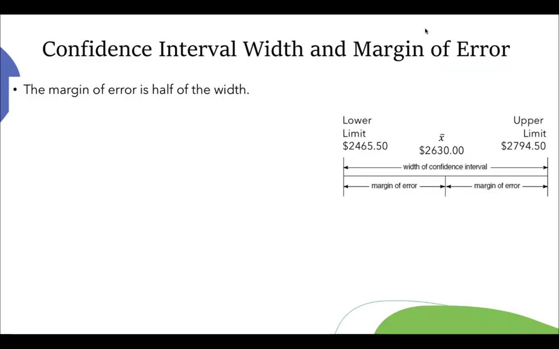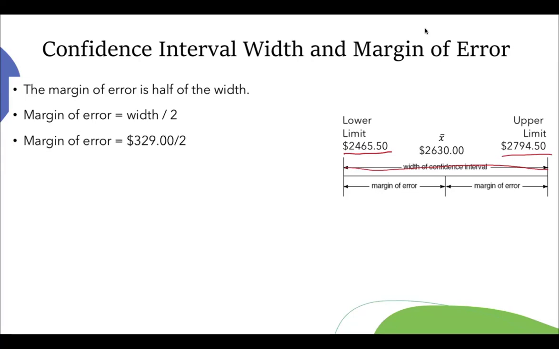So if we take the width of the confidence interval that we just did by subtracting the upper limit minus the lower limit, and divide it by 2, we can get the margin of error. So we take our 329 and divide it by 2, we get a margin of error of 164.5, and we put that on the left and right sides of the point estimate.